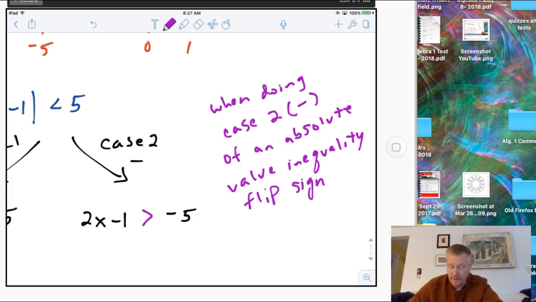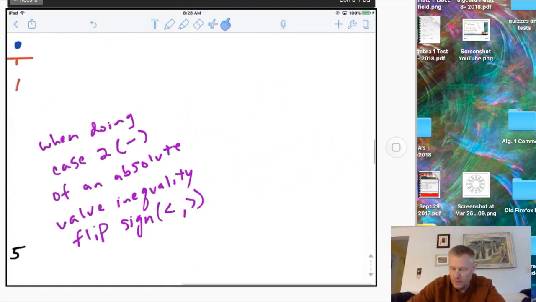Okay, when I say sign, that means the greater than or less than symbol, okay? All right, so the reason why that is the way it is, let me just quickly go over this.